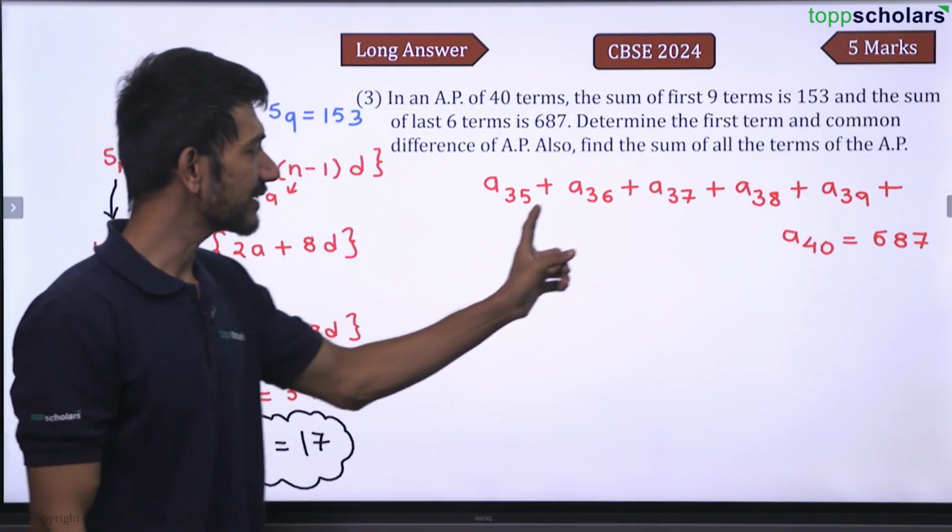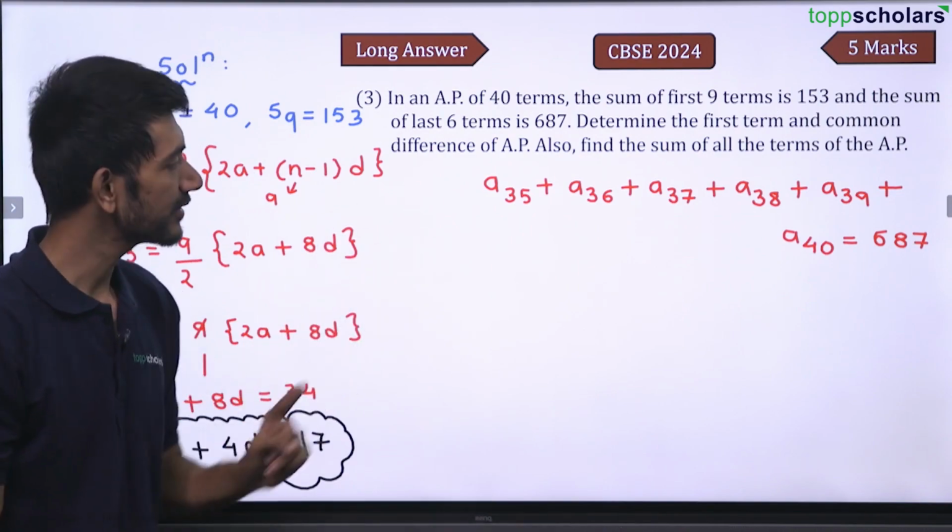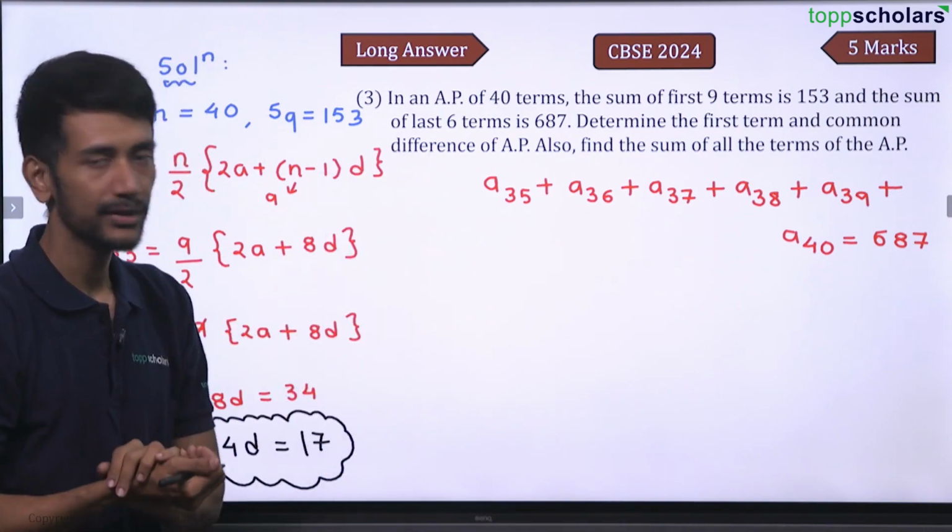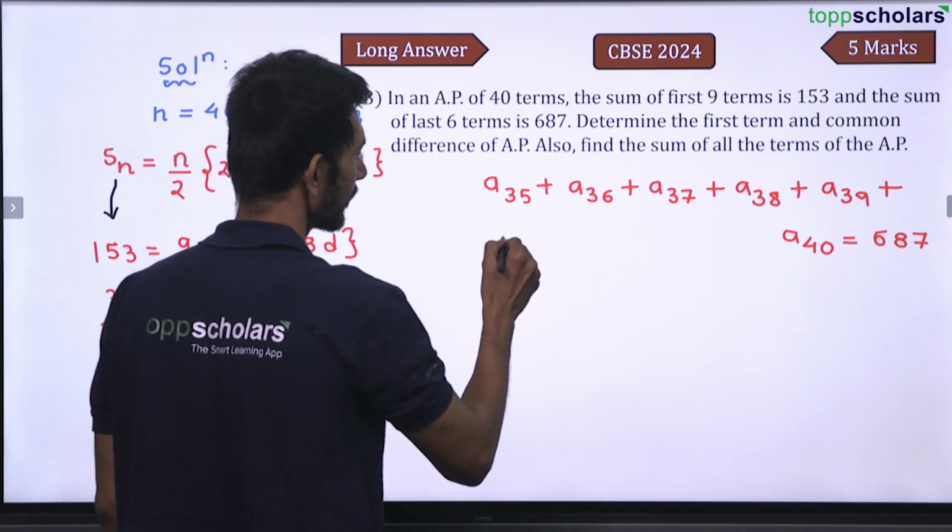We have a35 plus a36 plus a37 plus a38 plus a39 plus a40 is equal to 687. So what is a35?